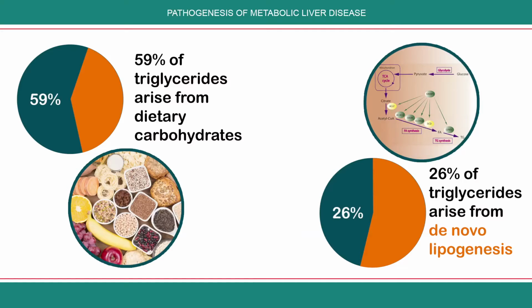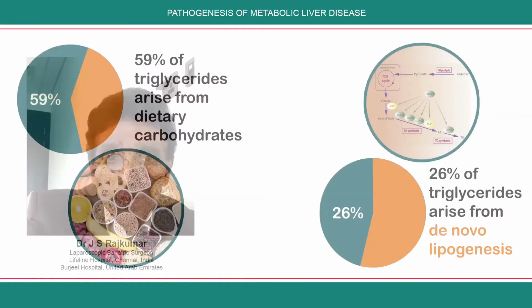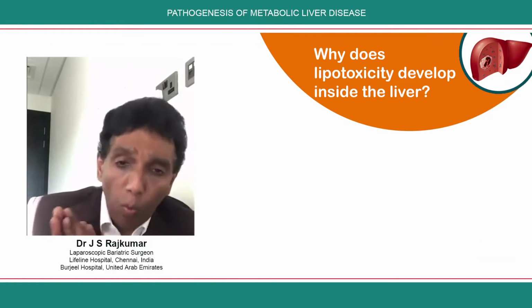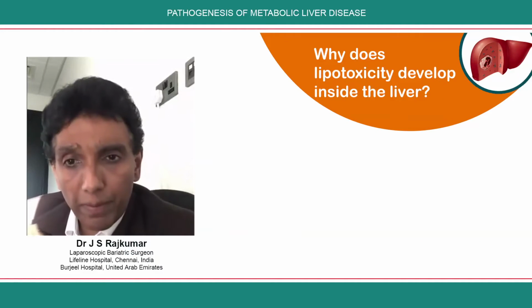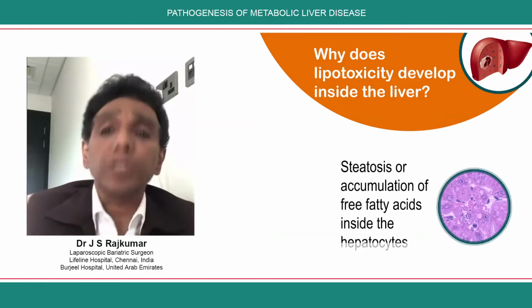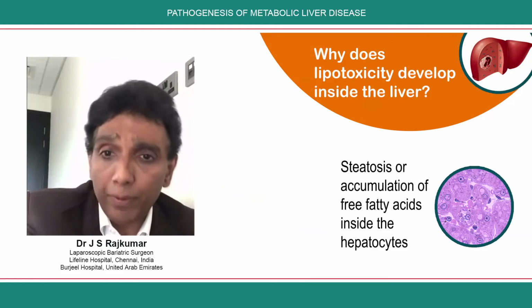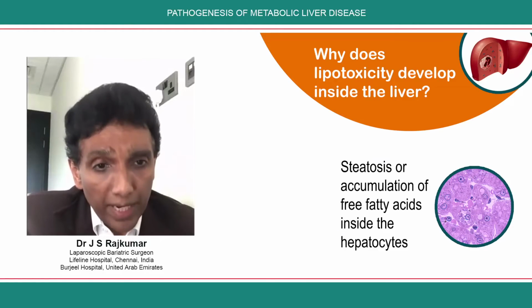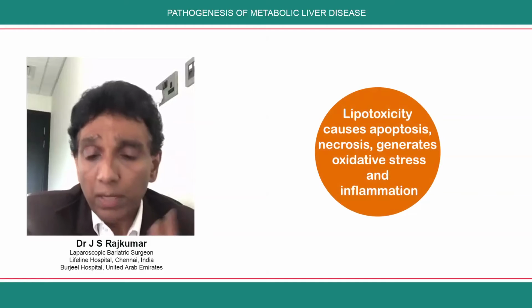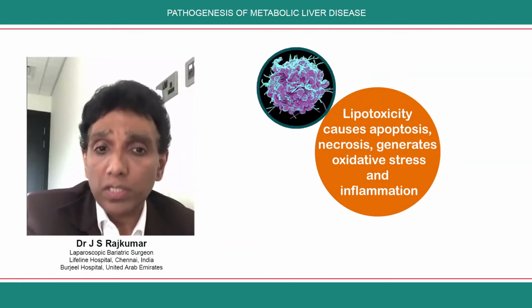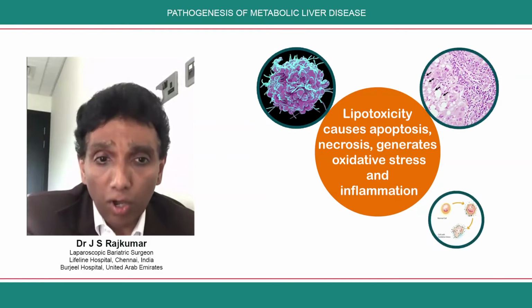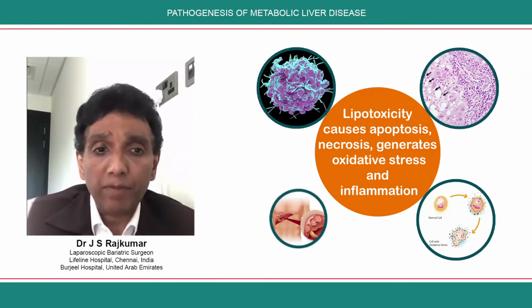In some instances, there are major problems because of lipotoxicity. Why does lipotoxicity develop in the liver? Steatosis, or accumulation of free fatty acids inside hepatocytes, leads to lipotoxicity by itself. This lipotoxicity causes apoptosis, it causes necrosis, it generates oxidative stress and inflammation.